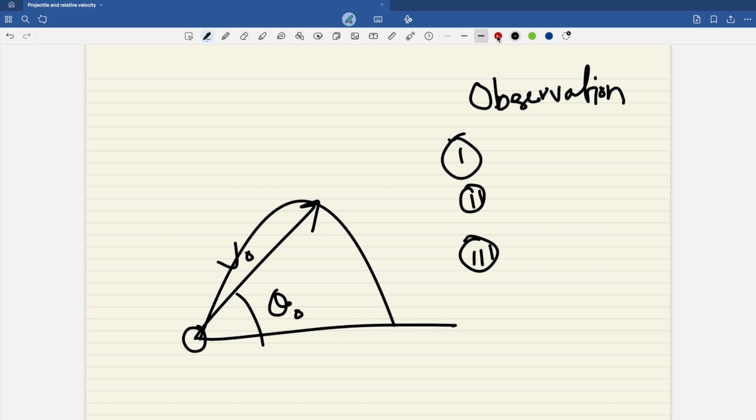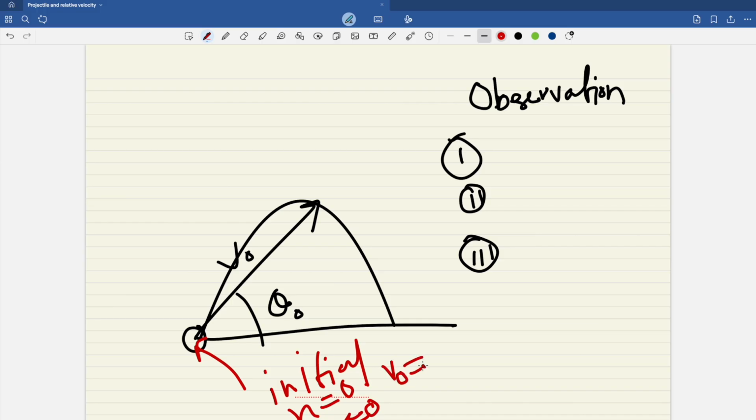At every point you see that at the initial point, x is equal to 0, y is equal to 0. The velocity is not 0, it's something meter per second, it could be anything.